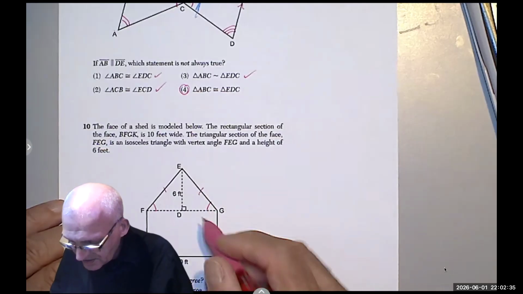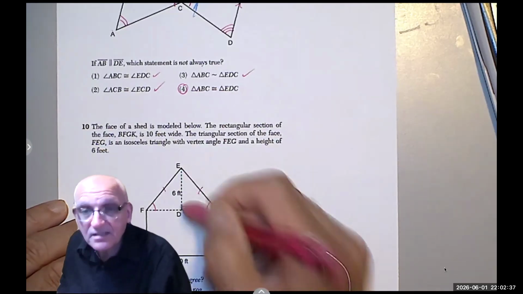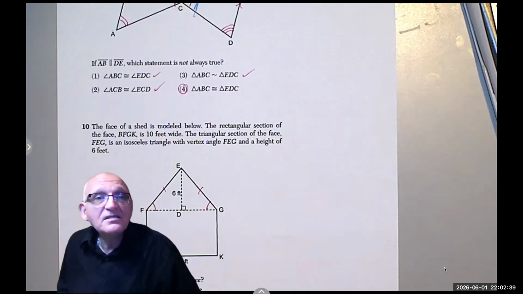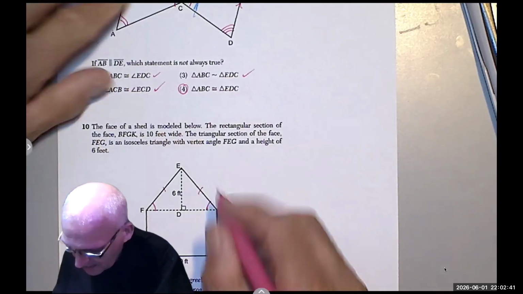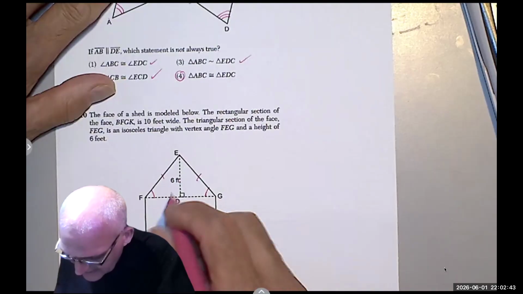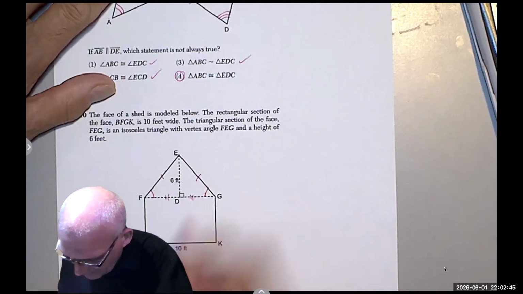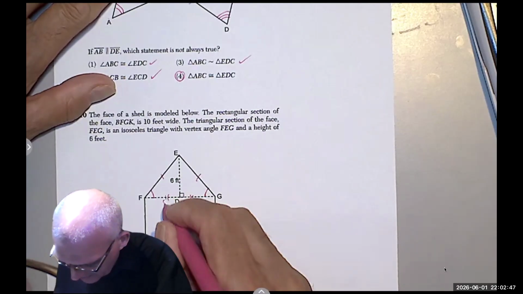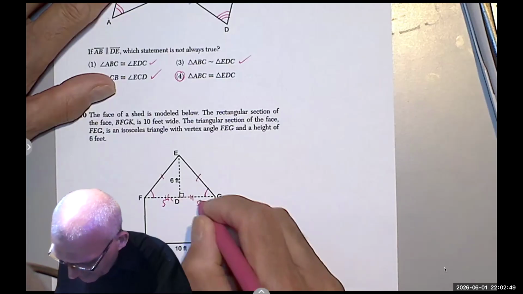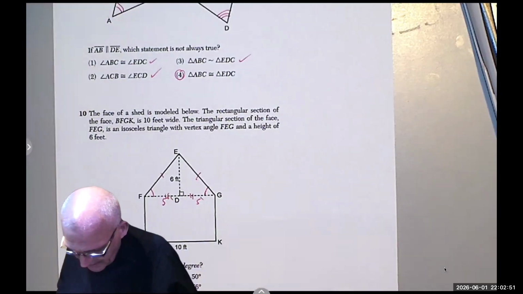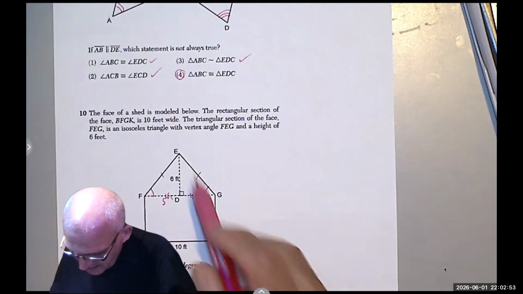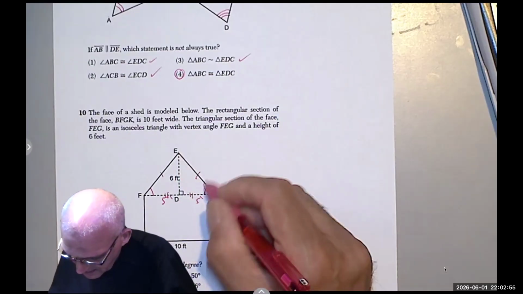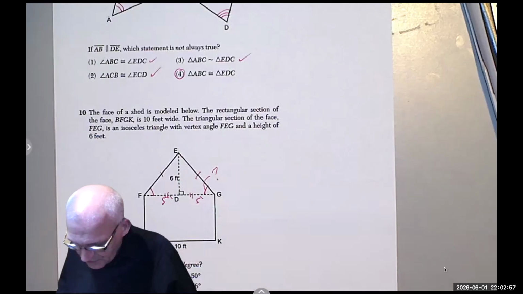Since it's an isosceles triangle, then the vertical line, that's that line from the vertex, would bisect the base, meaning if this is 10, then this would be 5 feet, and that would be 5 feet. And they want the measure of angle EGD to the nearest degree.